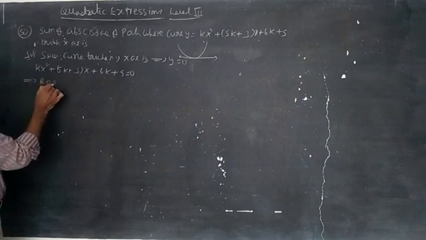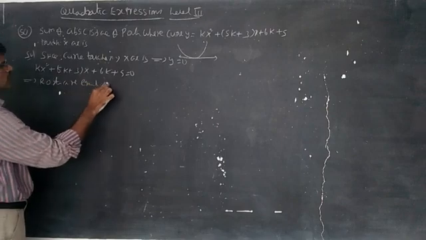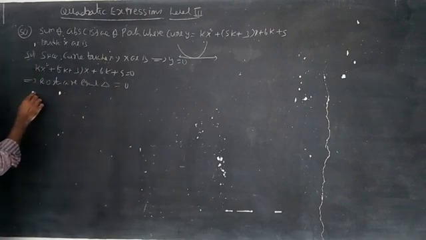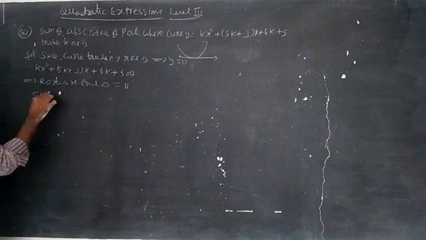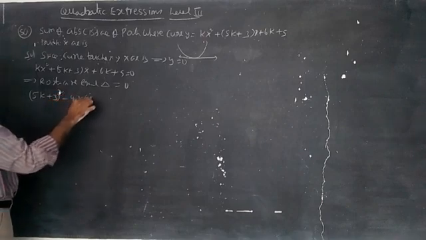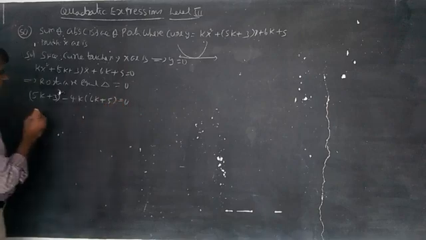Roots are equal, that is delta is equal to 0. We can take b square minus 4ac: 5k plus 3 whole square minus 4k into 6k plus 5 equal to 0.